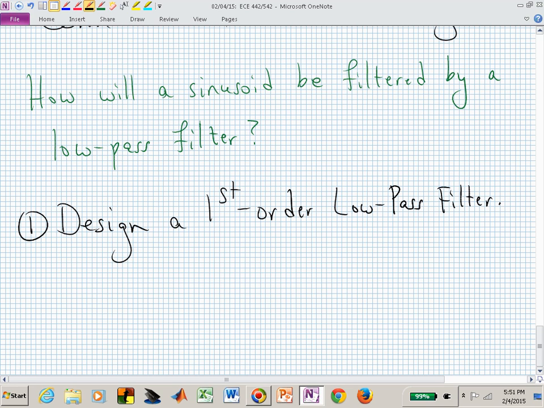Because I haven't yet told you any kind of frequency, you can make it right now a universal low-pass filter. And you could even draw a picture. Hint, hint.